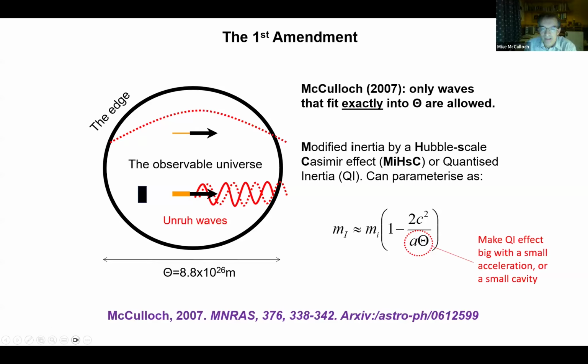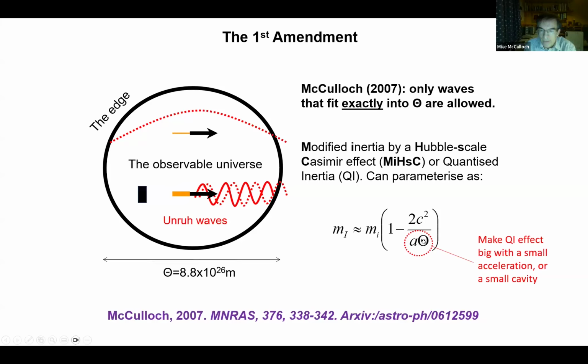So there are two ways to make this effect important or observable. The first way is to have extremely low acceleration. So if a is very small, then this term becomes larger. So you get 1 minus a large value. So this term reduces, so you get a lesser inertial mass. And I'll show you in a minute that this explains galaxy rotation when a is small.